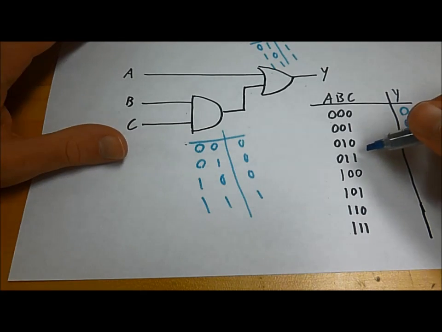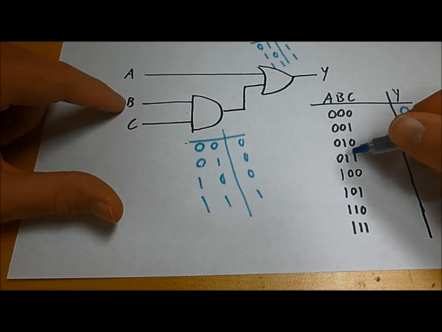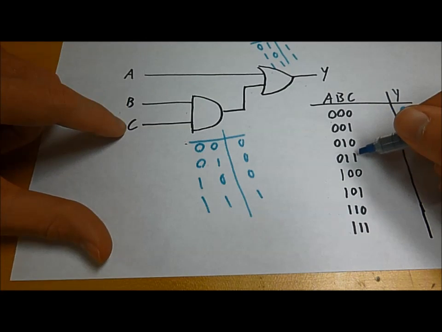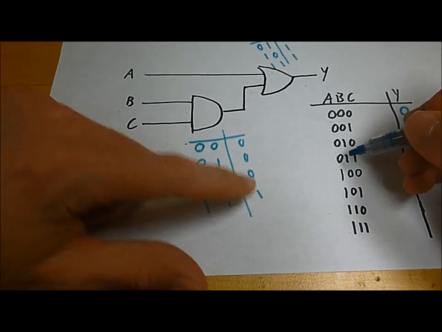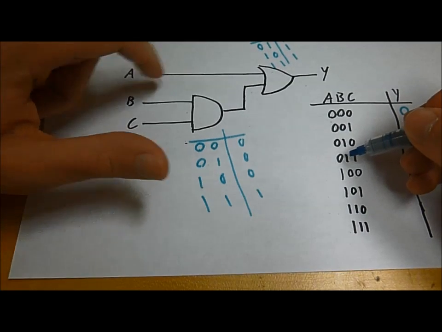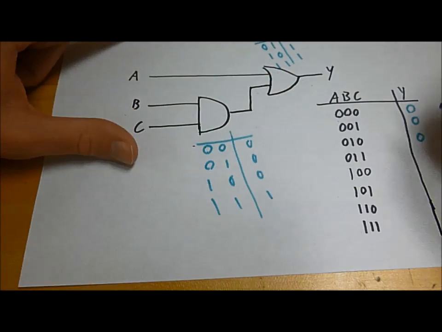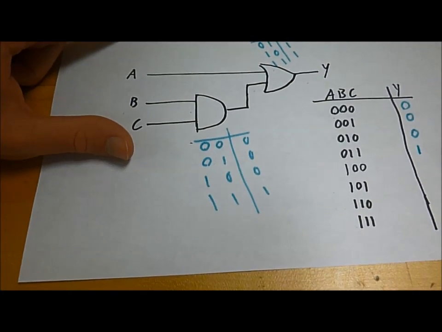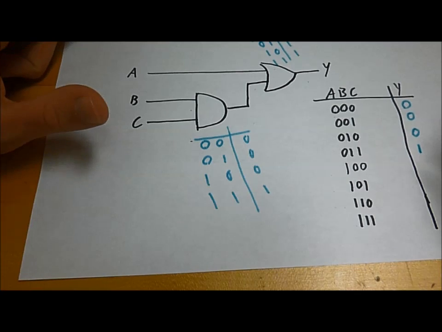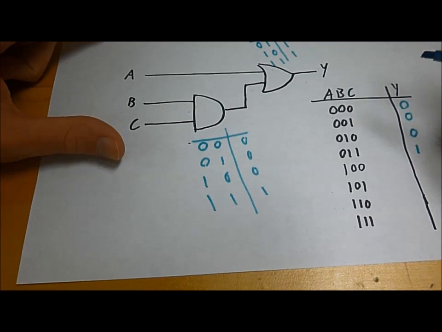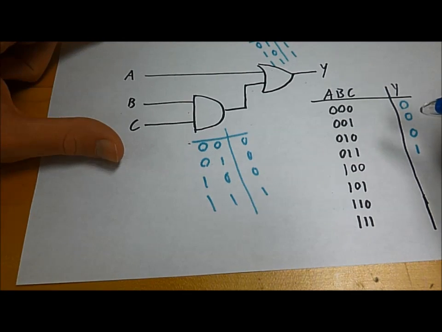Finally, we get to something different. B is 1, C is 1. So we have a 1. A, which is 0, so 0 or 1 is now 1. For this, we can also look and see if we can simplify our gates at all.